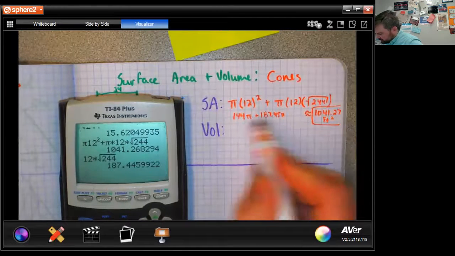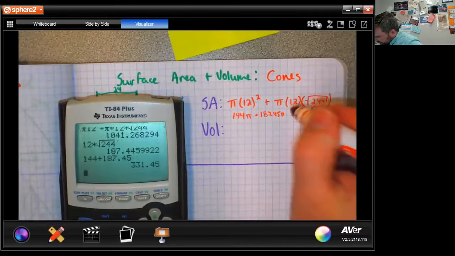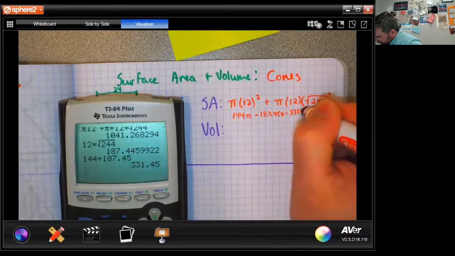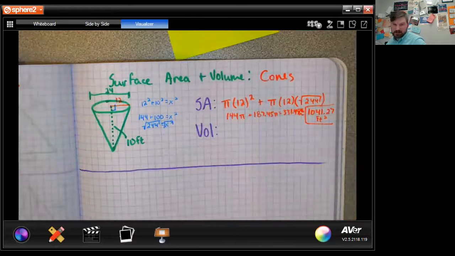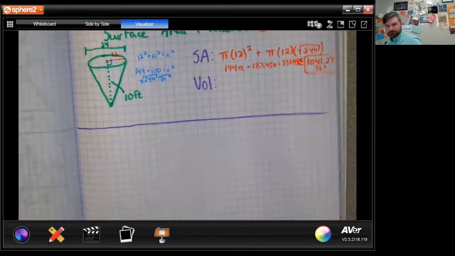And then you could add those two together. So 144 plus 187.45, so you'd have 331.45 pi. I kind of ran out of room there. But you just treat pi as if it were a variable like X or Y or something like that.